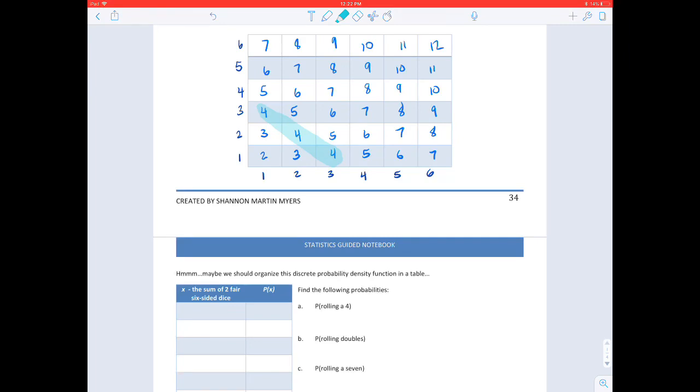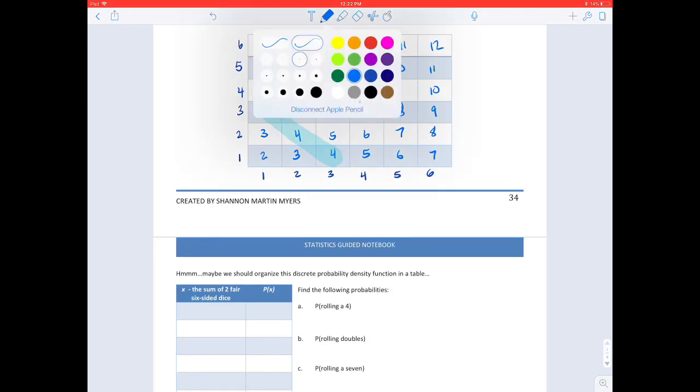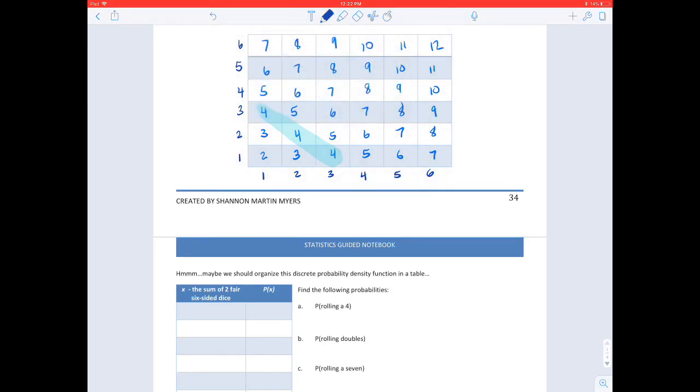And how many total probabilities are in this space? Beautiful. If you count all the squares, there's 36 simple events that can happen. So this one down here will get 3 out of 36, which of course is 1/12.